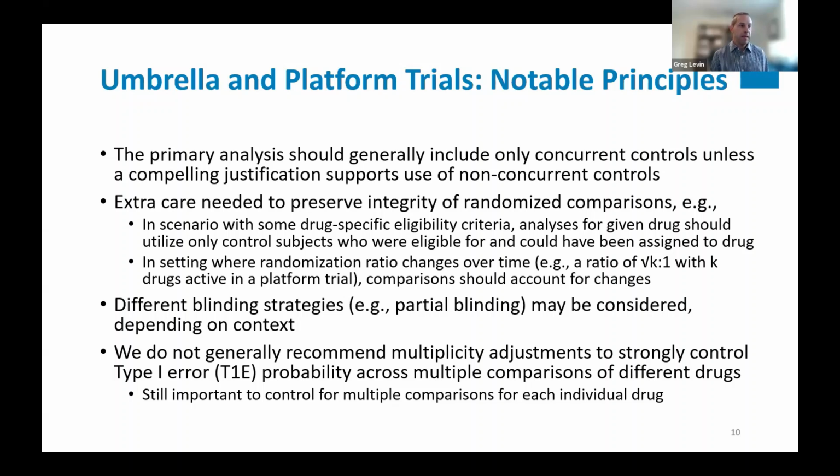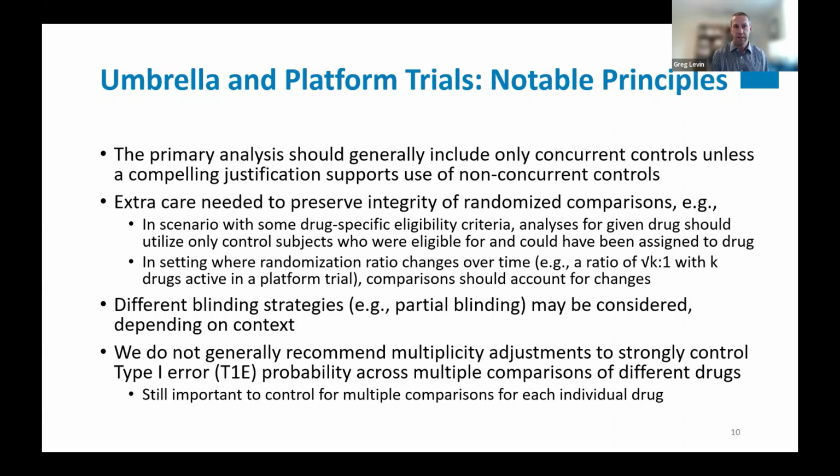Similarly, there can be designs where the randomization ratio changes over time. So not necessarily an adaptive randomization scheme. It could be a fixed randomization scheme where the scheme depends on the number of drugs that are evaluated in the trial. So the randomization ratio is not responding to accumulating information.